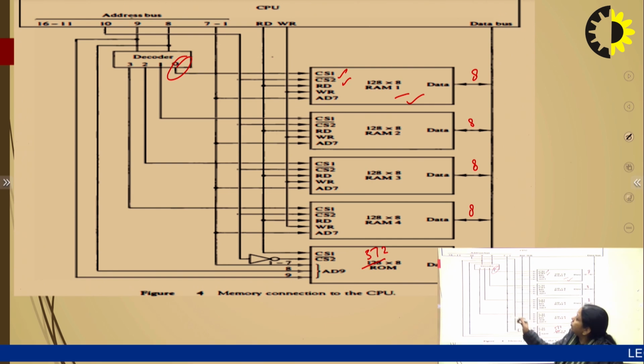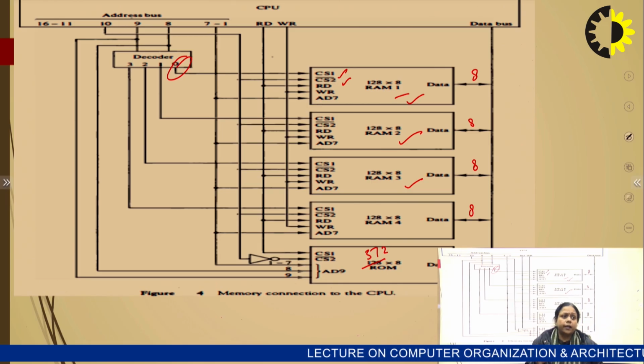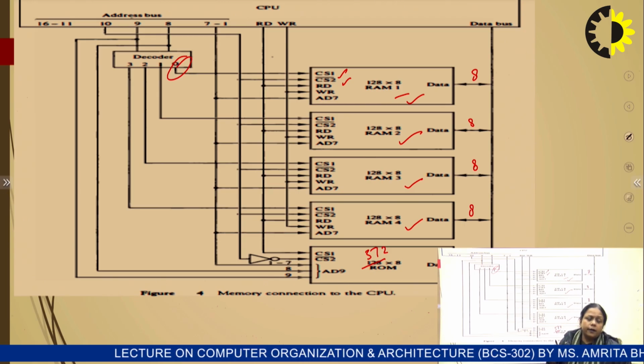If the value of the 8, 9 bits is 0, 1, then RAM 2 will be selected. If it is 1, 0, then RAM 3 will be selected. If it is 1, 1, then RAM 4 will be selected. In this way, the 8 and 9 bits will be working here.